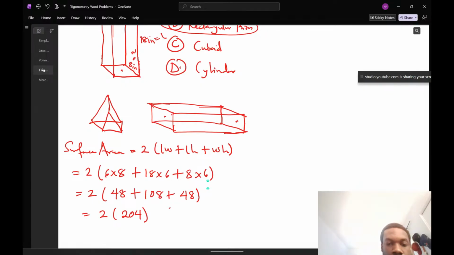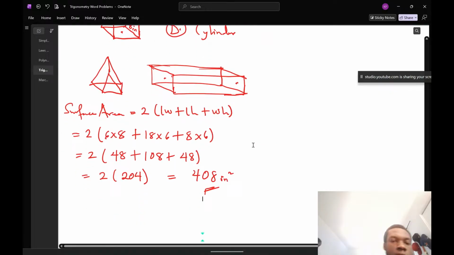So 2 times 204 will give us 408 inches squared. 408 inches squared.